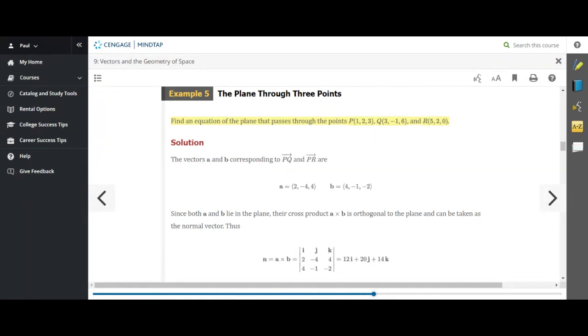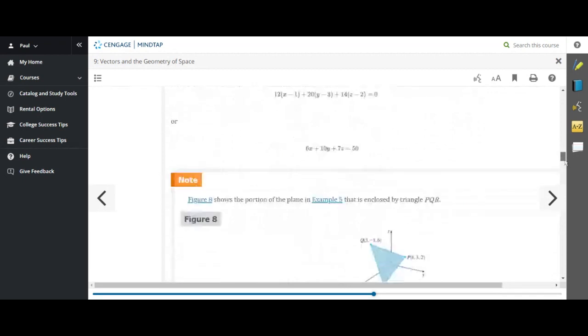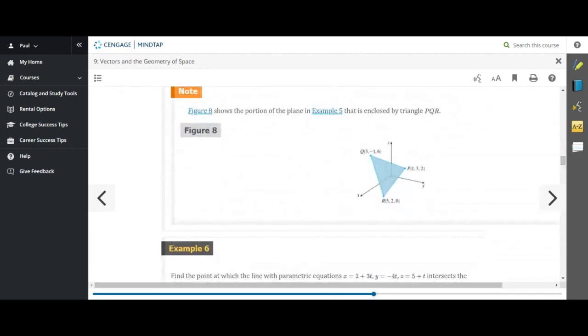So they give 3 points, and if we wanted a nice little picture of this, we could look at figure 8. There's the plane. Now, in figure 8, of course, they're not drawing the whole plane. The whole plane goes on forever. They're just drawing a portion of the plane.